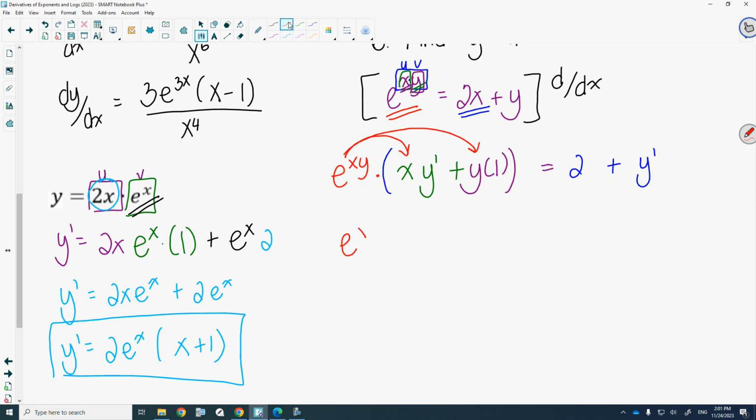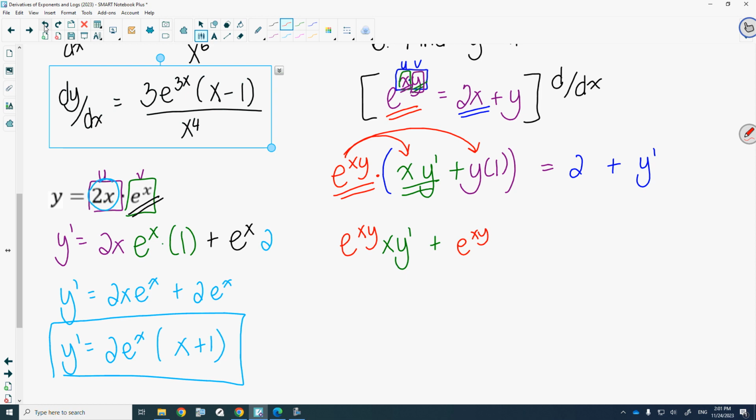So I've got e to the xy times x y prime plus e to the xy times y. So I just distributed this inside, and that is equal to 2 plus y prime.